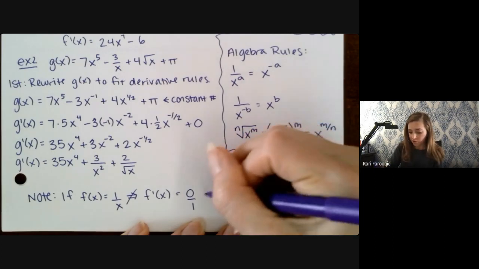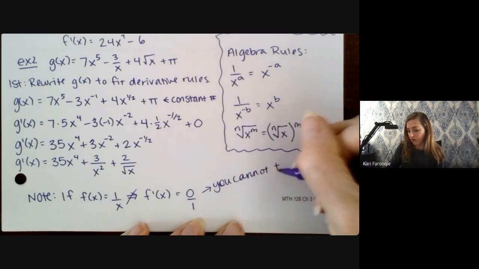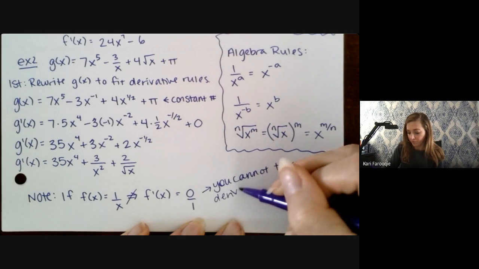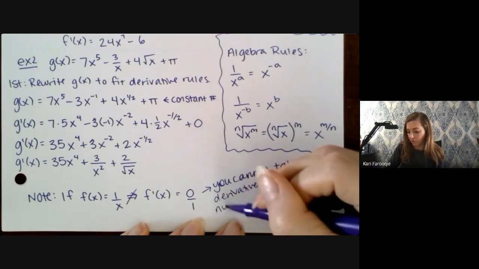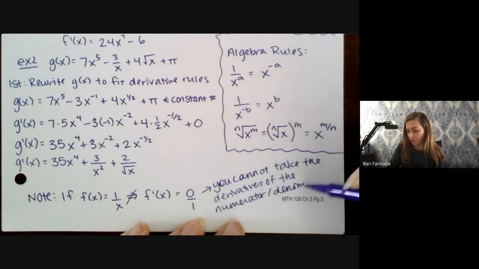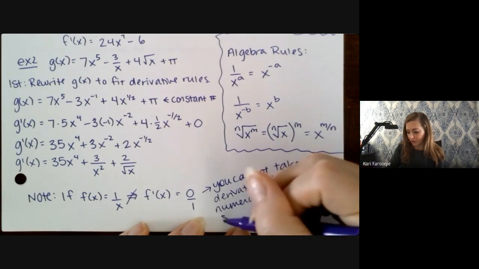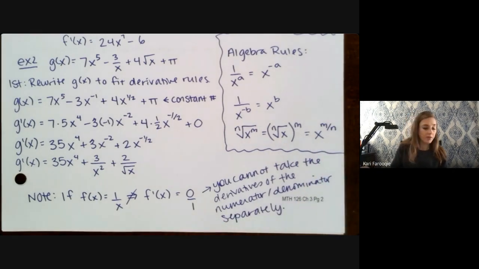So I'm just going to say you cannot take the derivatives of the numerator and denominator separately. Later on, in the next section, I'm going to give you a rule for taking the derivative of a quotient.